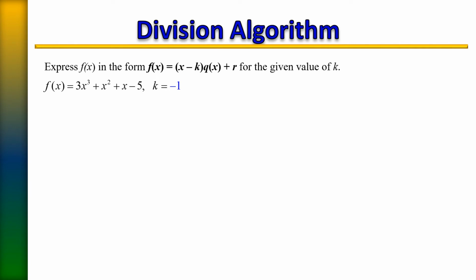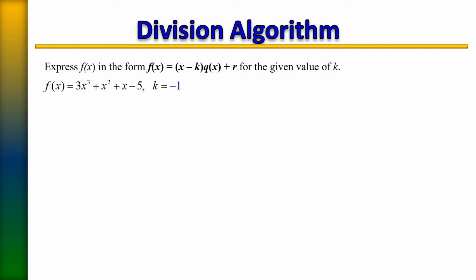When they tell you k equals something, k is your divisor. So on the outside, we're going to have -1, and underneath the symbol our dividend. Let's use synthetic division since it's usually so much quicker and preferred by most students.